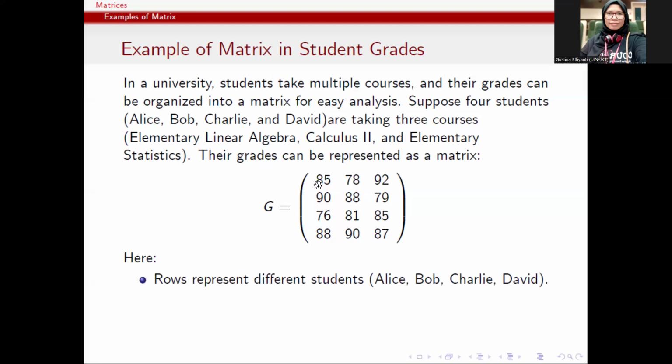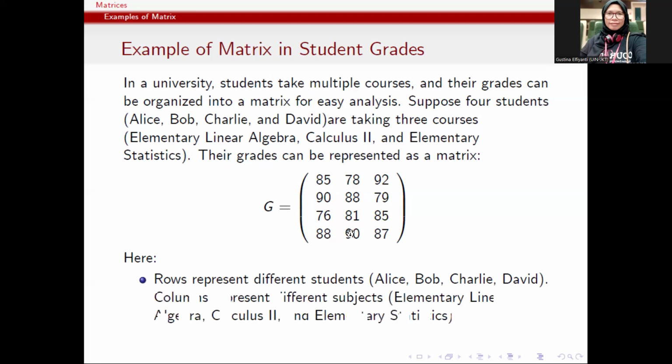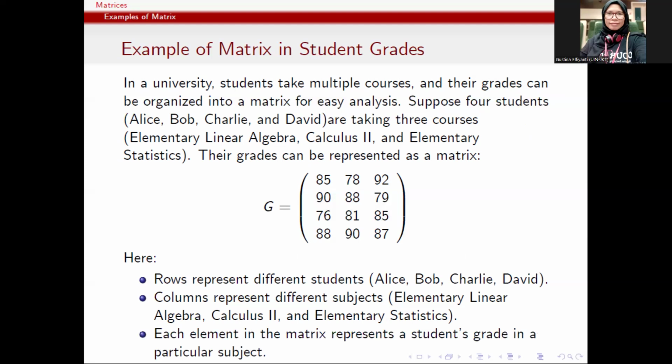And here, rows represent different students, Alice, Bob, Charlie, David. And the columns represent different subjects, elementary linear algebra, calculus 2, and elementary statistics. So each element in the matrix represents a student's grade in a particular subject. For instance, here is Alice's grade on elementary linear algebra. And this one is Charlie's grade on calculus 2.